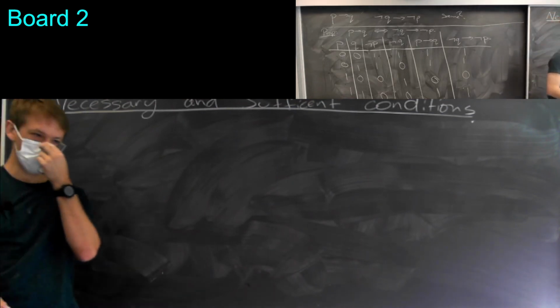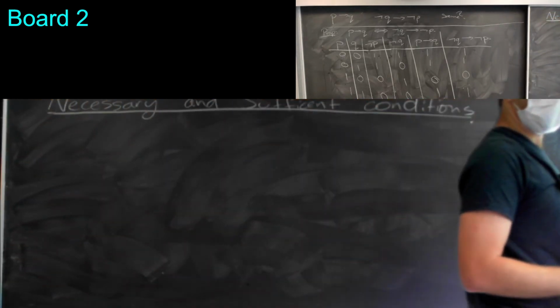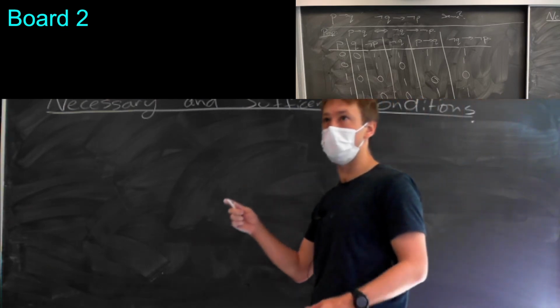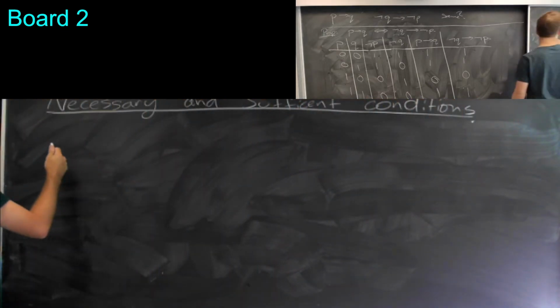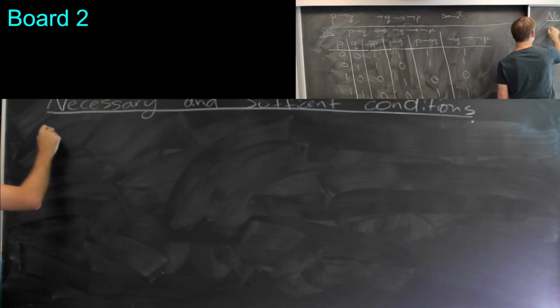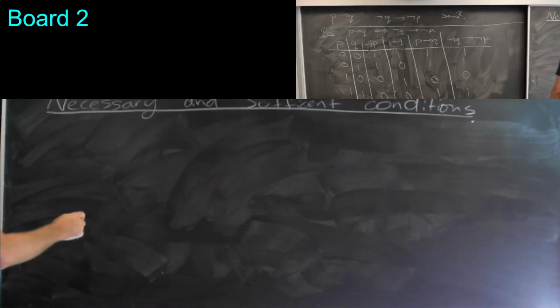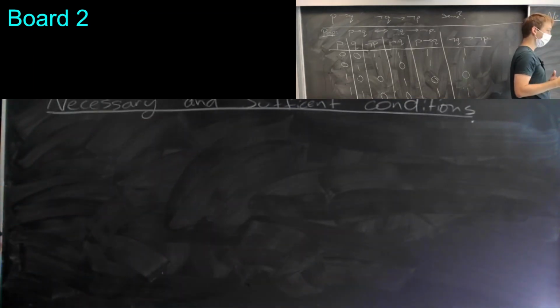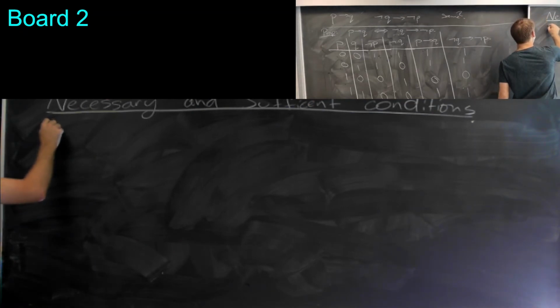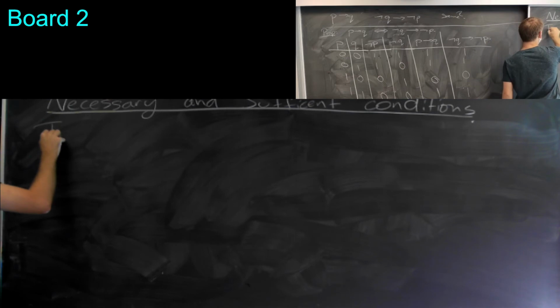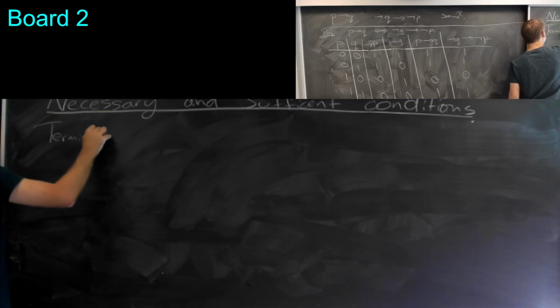So this is again some stuff about implication. The converse and contrapositive was about implication, and this is also going to be about implication. This is mostly just language and terminology.